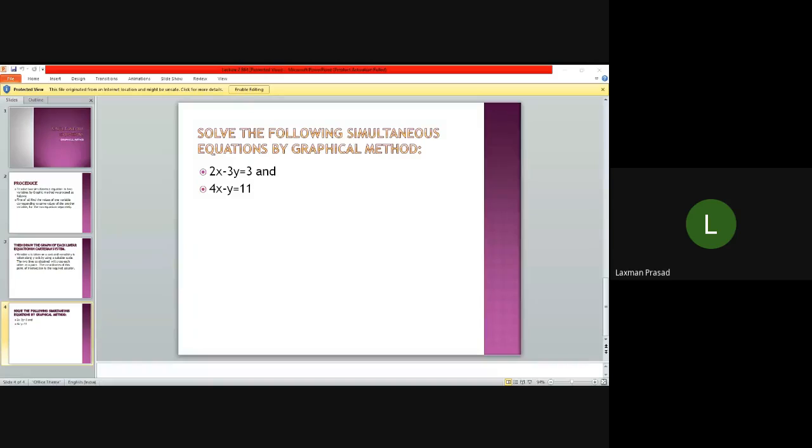Solve the following equations by the graphic method. Fine. So do one thing: try to solve this question.